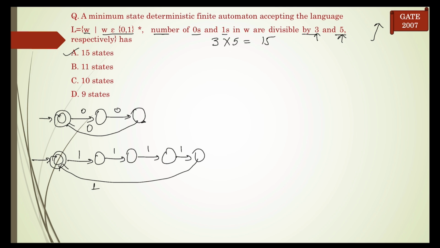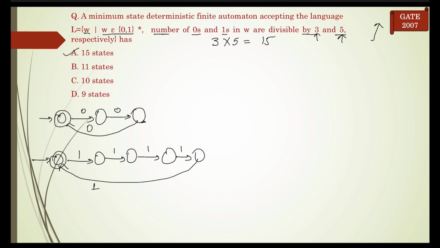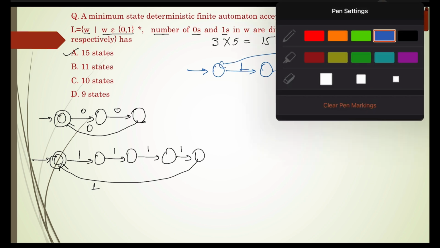Now you have to take the cross product of these two DFAs, or there is a shortcut for combining these two DFAs. Just put one DFA horizontally and another one vertically. Sorry, it will be here only.